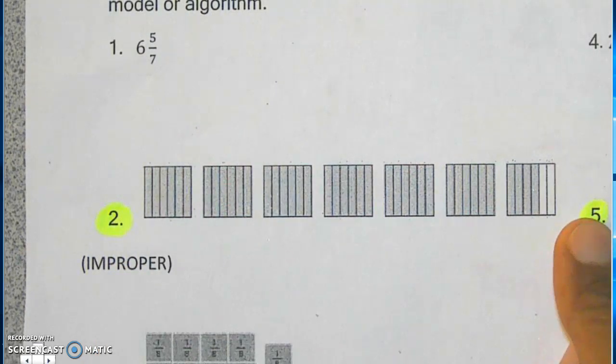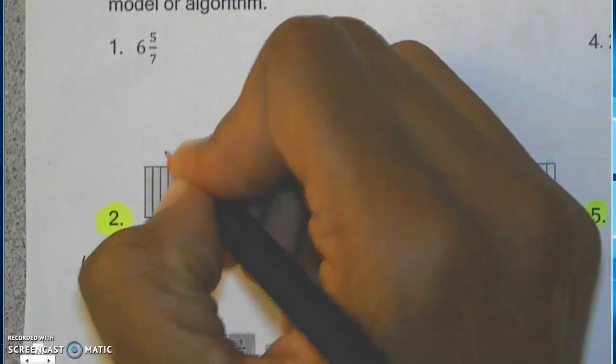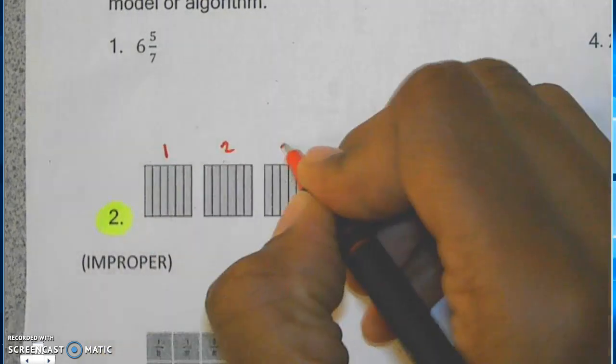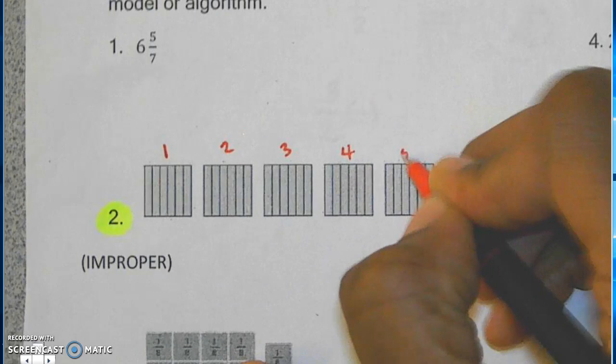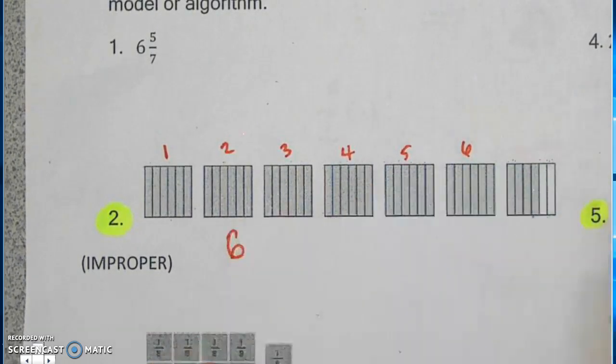and see how many whole pieces I have and how many fractional pieces I have. So I'm going to start by first counting the wholes. 1, 2, 3, 4, 5, and 6. So I'm going to have 6 as my whole number.